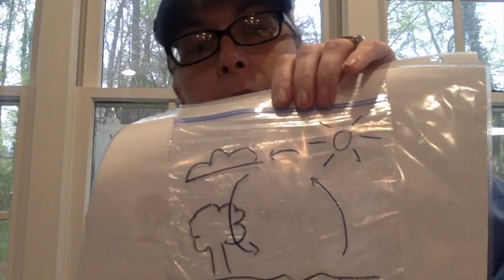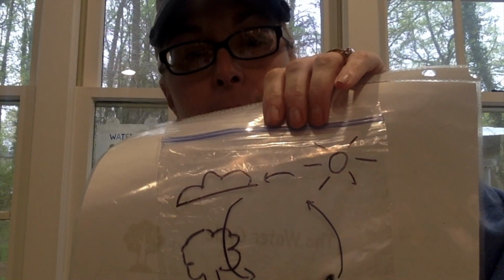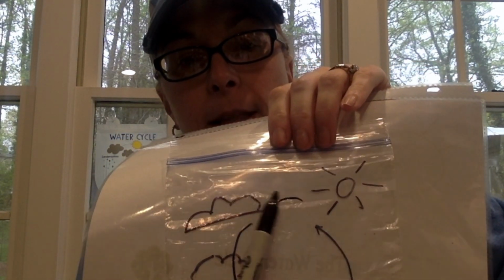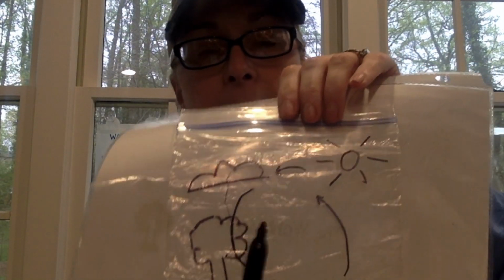And what I like to add is some arrows showing each step of the water cycle, kind of making a circle. So I drew an arrow from my supposed collection of water below, lakes, streams, evaporating up to the clouds, precipitating down, and you want to show it kind of in a circle.